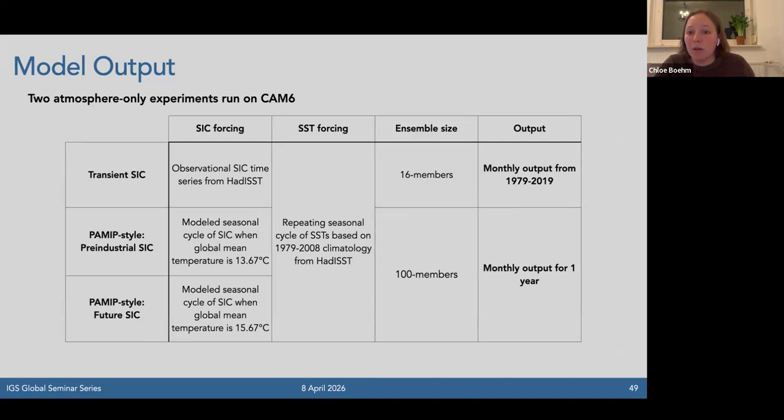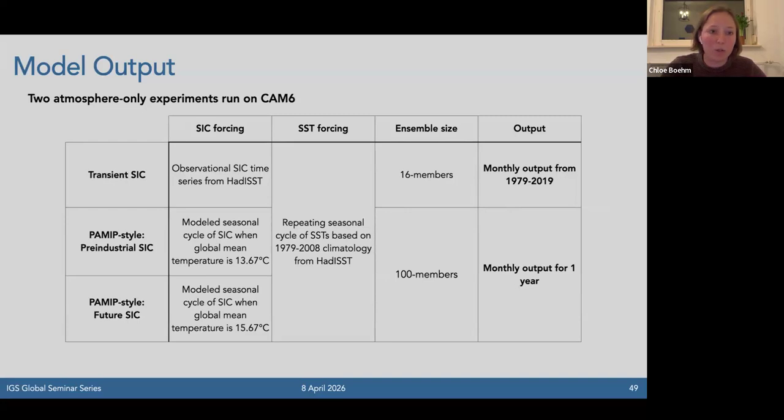The resulting output is monthly output from 1979 until 2019, very similar in structure to our observationally constrained data. So we can perform similar regressions on this data, but now we're able to isolate just what the impacts of this observational sea ice time series are on the atmosphere.